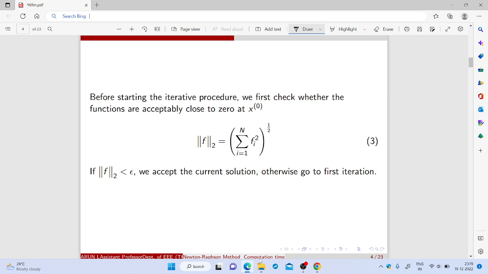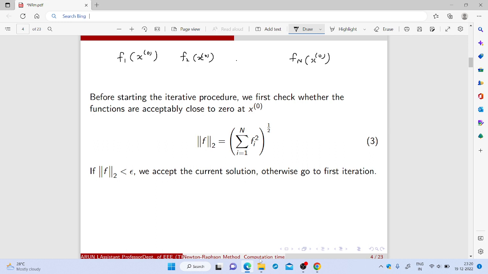So in order to check whether the initial guess is very close to the solution, we have to evaluate the function values at the initial guess. So first we have to evaluate f1 at x of 0. Then evaluate f2 at x of 0. Like that, evaluate all the function values up to fn at x of 0.